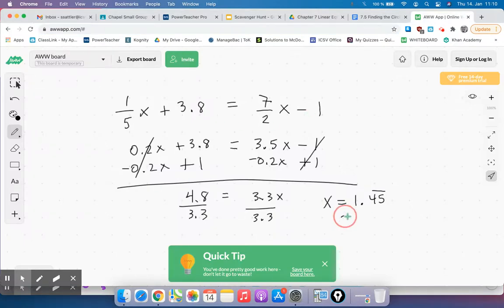Let's just say this is about 1.5. And we can plug it into either one of these. I'll just do 3.5 times 1.5 minus 1. Okay, and 3.5 times 1.5 is 5.25. And then minus 1 is 4.25.